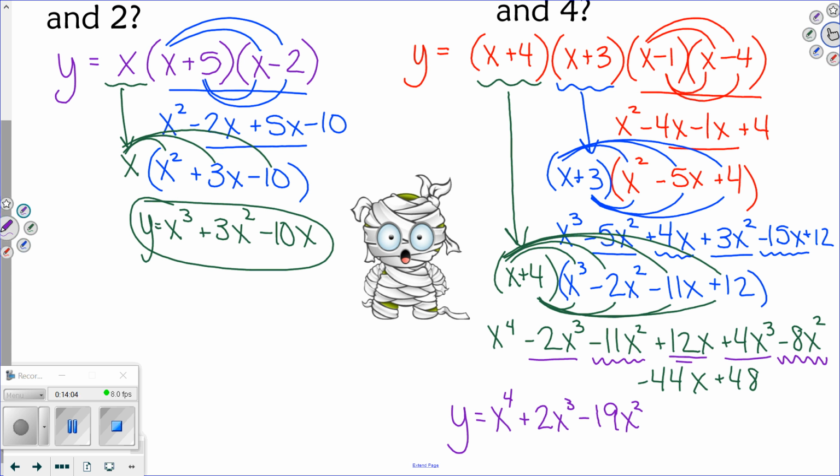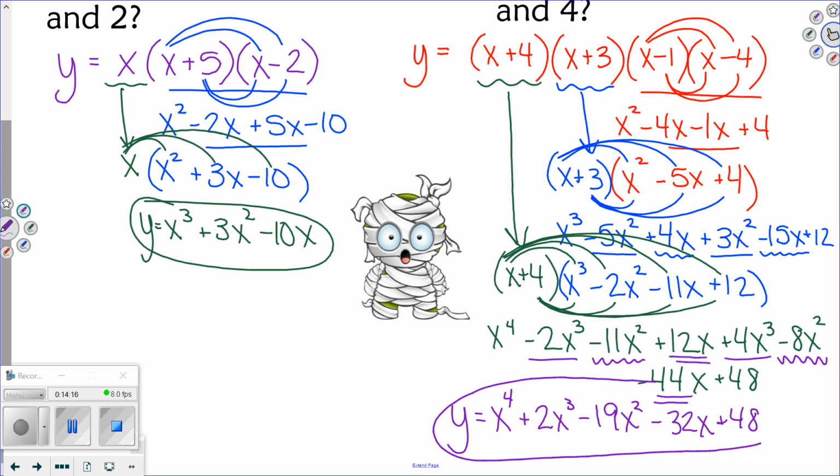And then I have a 12x minus 44x, good, negative 32x, and then plus 48. Think we should check that one? Yeah, definitely check that one, because there's a lot going on in there. All right, so let's graph it. X to the 4th plus 2x cubed minus 19x squared minus 32x plus 48.